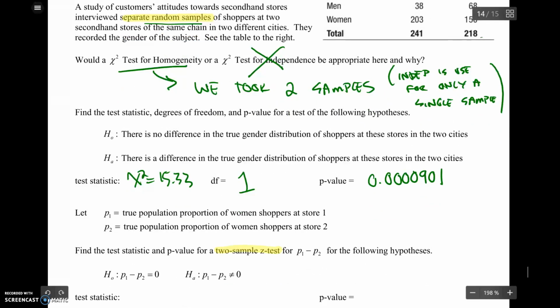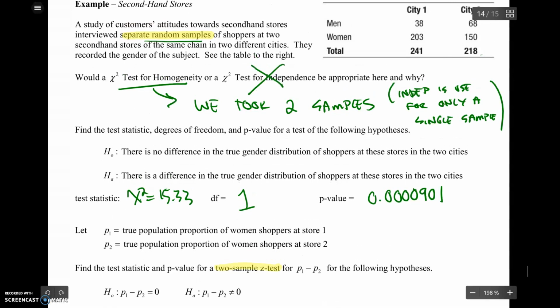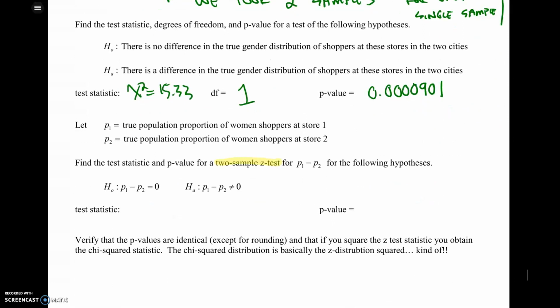All right, so let's let P1 be the true population proportion of women shoppers at store 1. We can see our sample proportion, but P1 is the true proportion. And P2 is the true proportion of women shoppers at store 2. So we could run a 2-sample z-test for the difference in proportions.